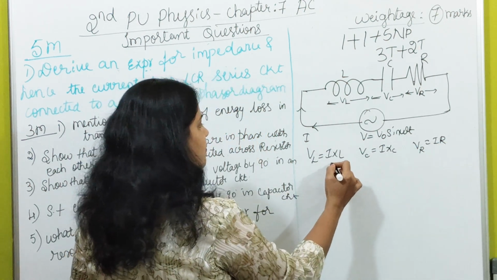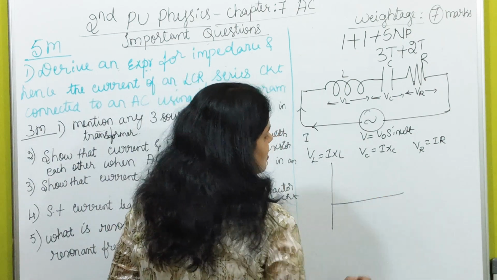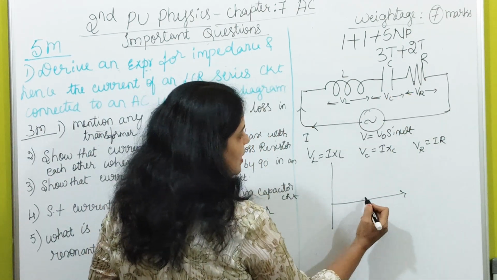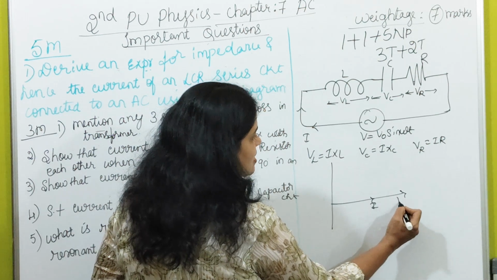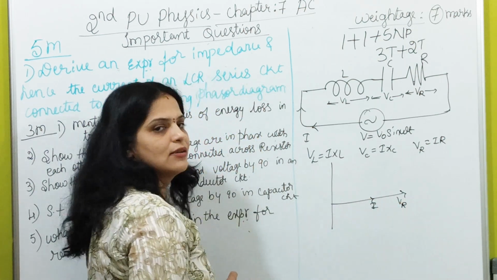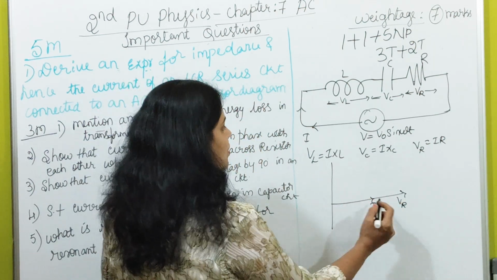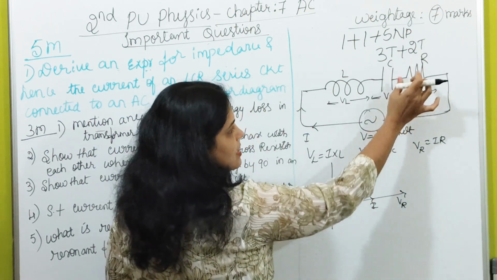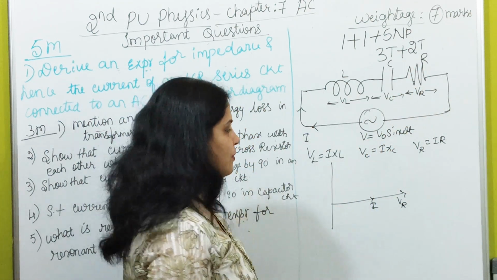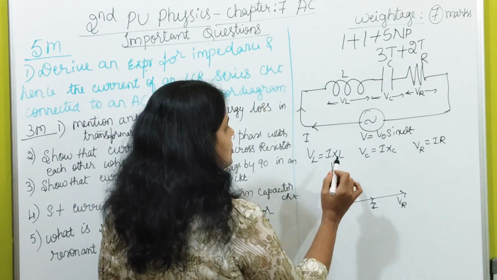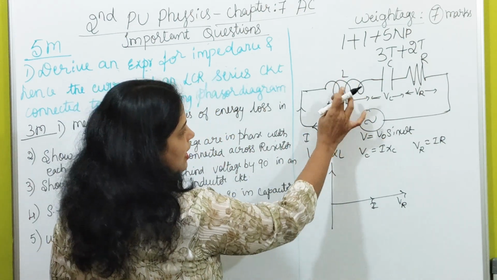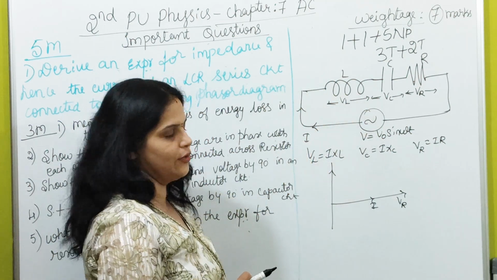Then you have to draw a phasor diagram. We know that the voltage across the resistor, VR, and current are along the same direction; they are in phase. So current and voltage are in phase when AC is connected across a resistor circuit. And voltage leads the current in the case of an inductor circuit.